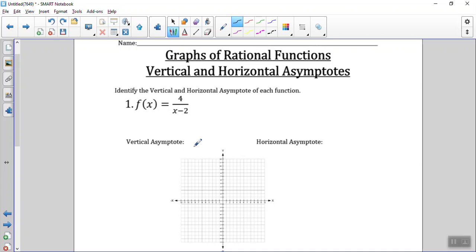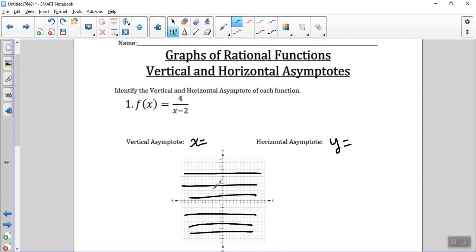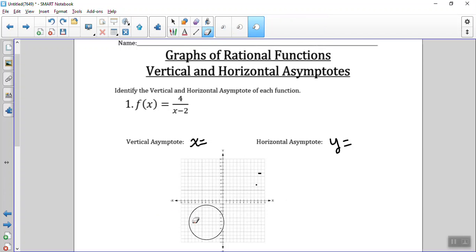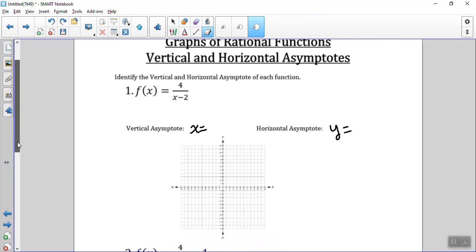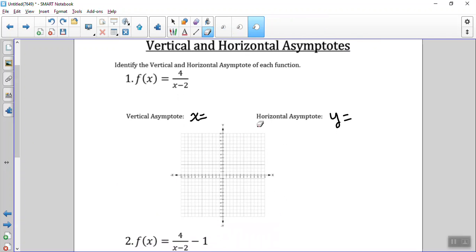One thing you need to know is that a vertical asymptote is always going to be x equals, because vertical lines cross the x-axis. That's why it's x equals, okay? And then a horizontal asymptote is always going to be y equals, because horizontal lines always cross the y-axis. So that's something that you can remember.